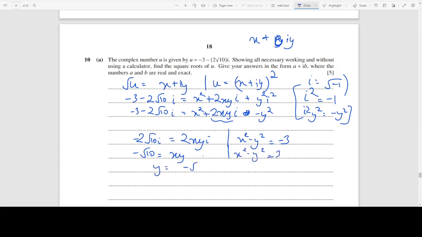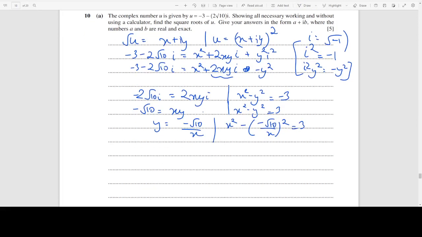y equals minus root 10 upon x, solving simultaneously. So x square minus (root 10 upon x) the whole square equals 3. So x square minus 10 upon x square equals 3. So solving, x raised to 4 minus 10 equals 3x square.